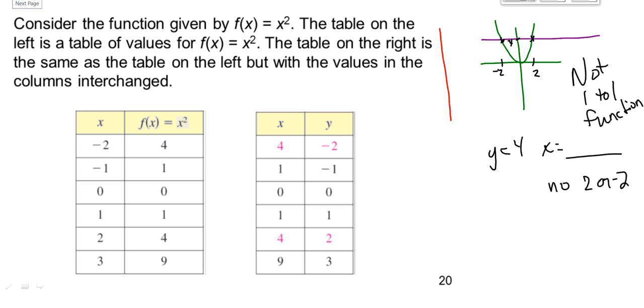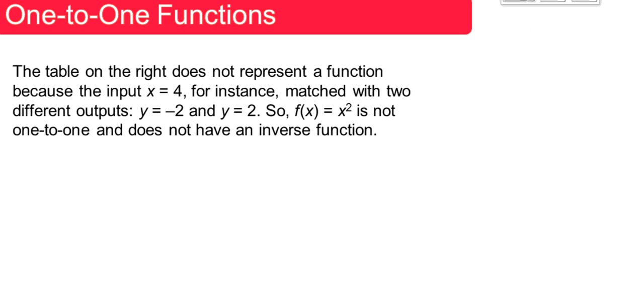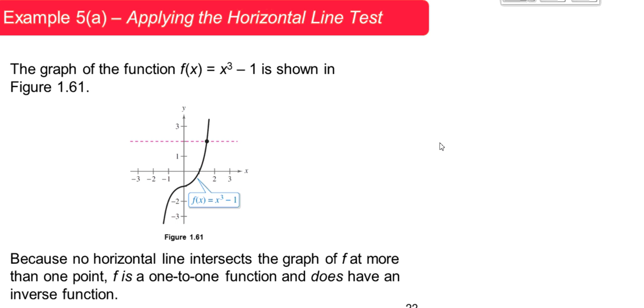Moving on, that one just kind of talks more about the one we just looked at. This is number 5. It's kind of pre-done for us, but we'll just look at it. So here's the graph of x to the third minus 1, and it's just asking us to apply the horizontal line test.